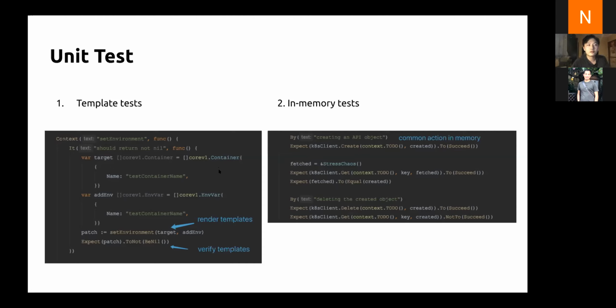It doesn't get the full functionality like the admission control chain on the API server side, and doesn't have the additional controllers running. Like when you deploy a deployment object in Kubernetes, you can finally get some pod objects in Kubernetes.